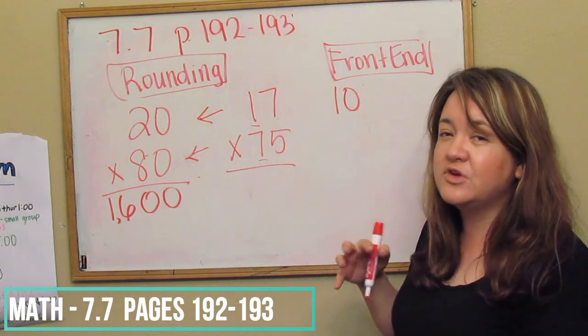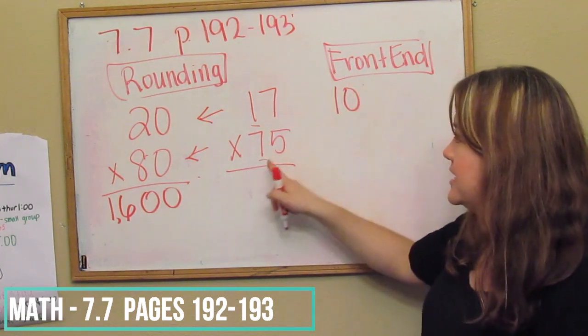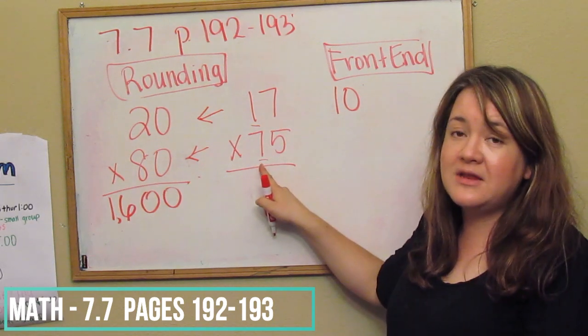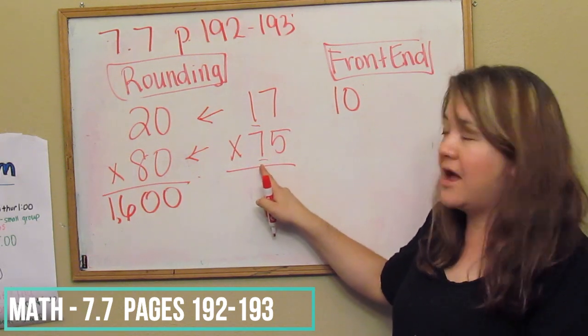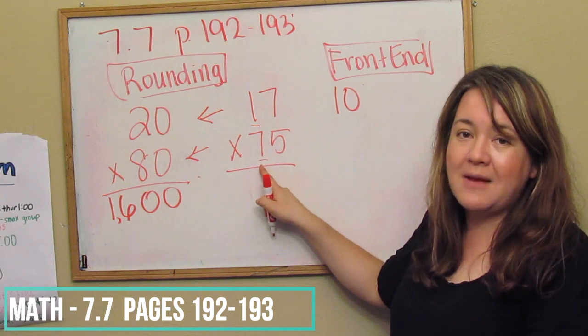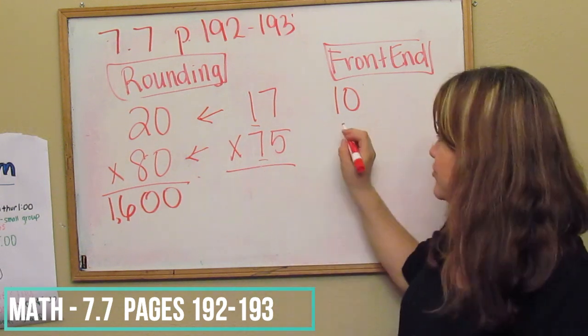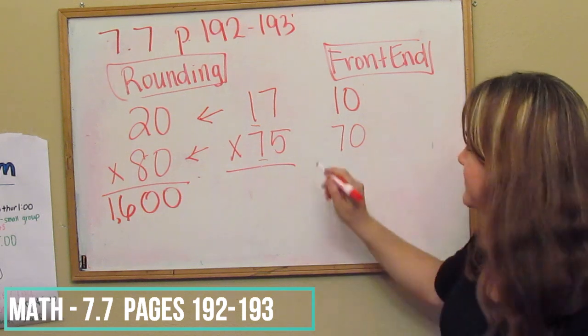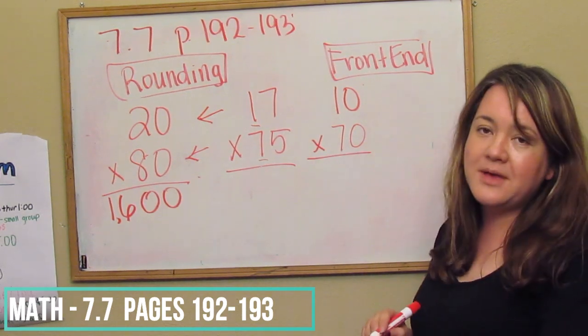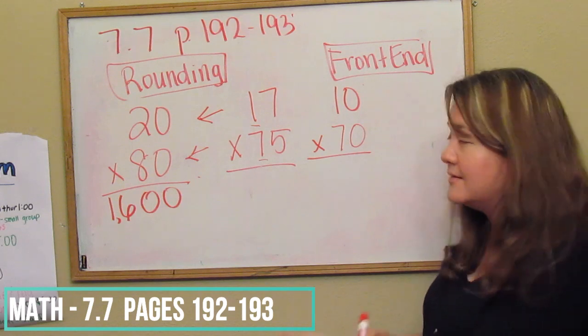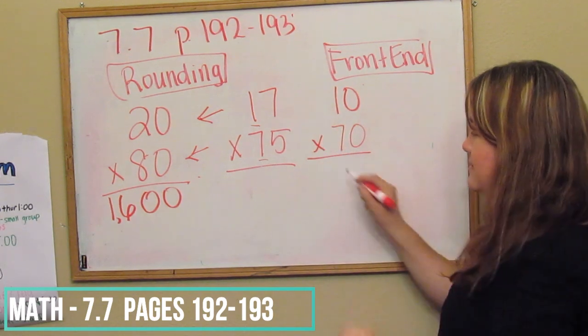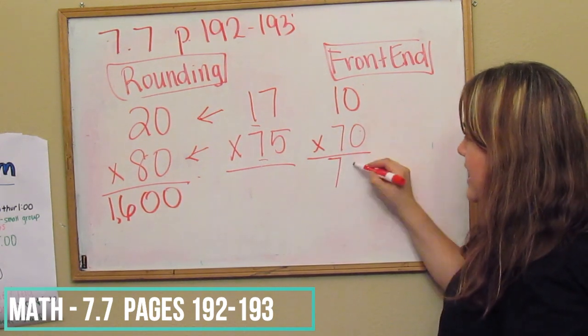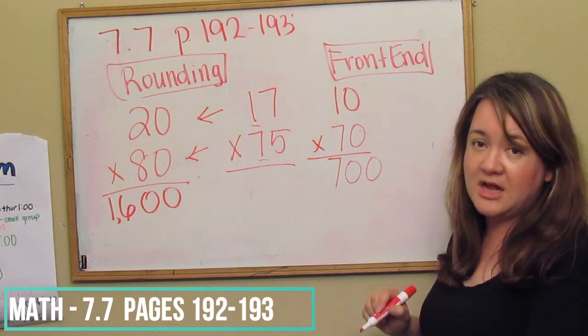This is just taking the first digits. And I'm going to take the 7, and because 75 is in the tens, I'm going to make it 7 tens. And so when I multiply 10 times 70, I multiply my 1 and my 7, and I get 7 with 2 zeros, 700.